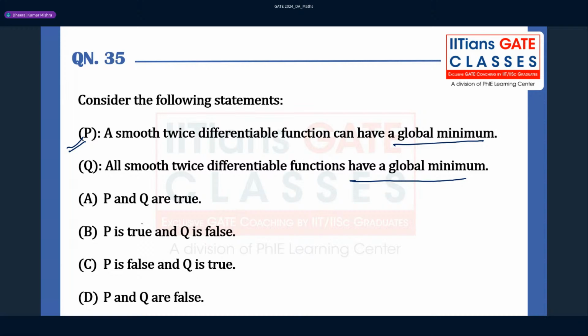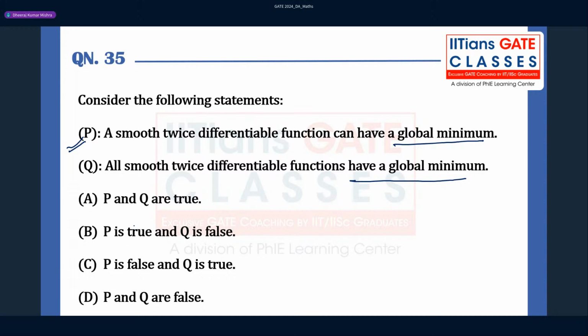That you have to understand. Option A is P and Q are true. P is true here. This is question number 35 from your actual paper. Please try and tell me the answer so that we can proceed ahead, if anybody is live right now.